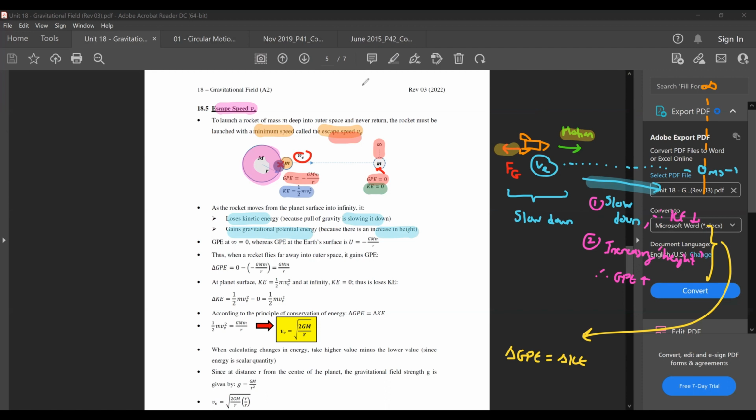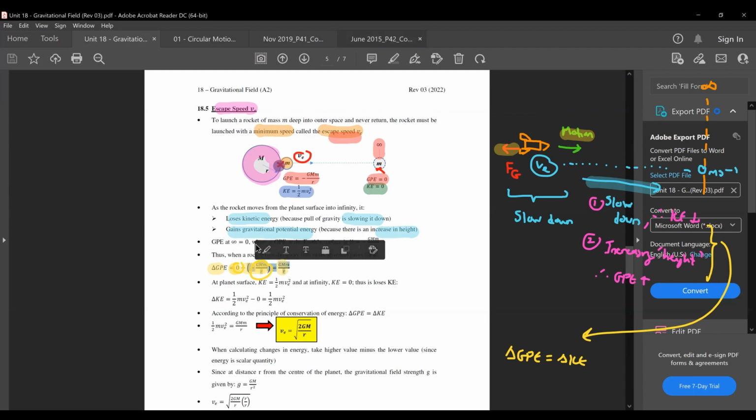My gain in GPE will be 0 minus negative GMm over R, giving me GMm over R. 0 is the higher value compared to negative GMm over R, which is a negative value, so I take the higher value minus the lower value to get GMm over R.